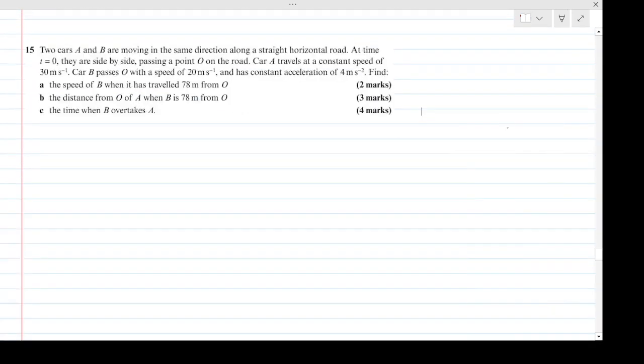Right. Okay, so I've got this question here. Now, I took this question from the constant acceleration mixed exercise. So originally, you are expected to do this by using SUVAT, right? And in general, I do recommend you do SUVAT with constant acceleration problems like this.